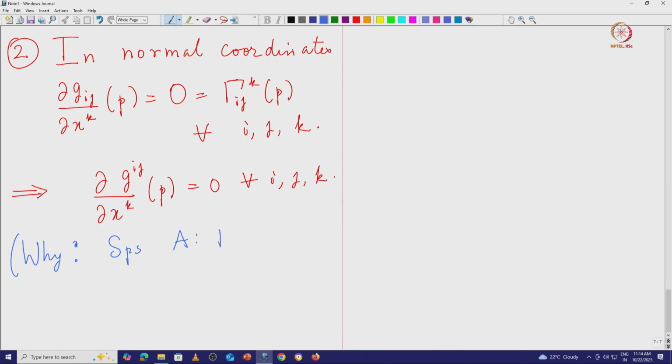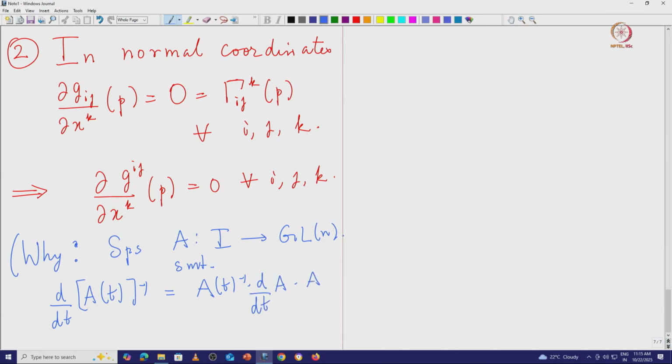Suppose A is a smooth path in GL n, then d by dt of A of t inverse, so you take A of t, you take the inverse, and now take the component-wise derivative, is the same as minus A of t inverse times d by dt of A times A of t inverse.